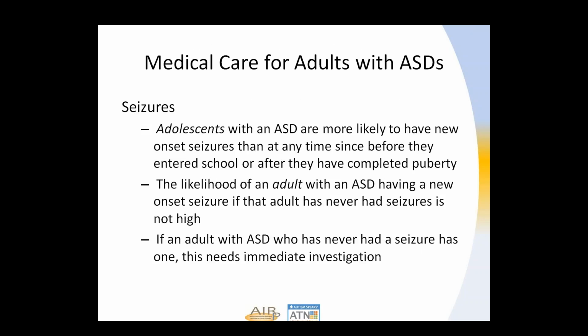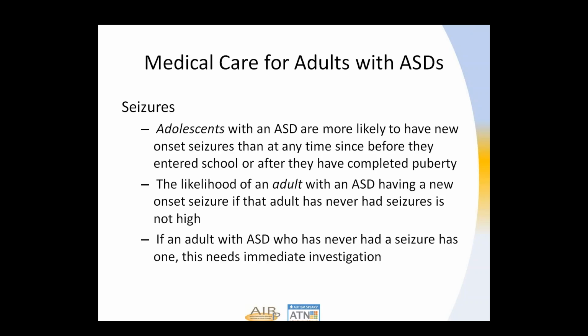Patients who have seizures, I mentioned earlier that we see a peak of onset of seizures during early childhood and then again during adolescence. Adolescents with autism are more likely to have new onset seizures than at any time since before they entered school, and they aren't going to have as high a risk after they've completed puberty.